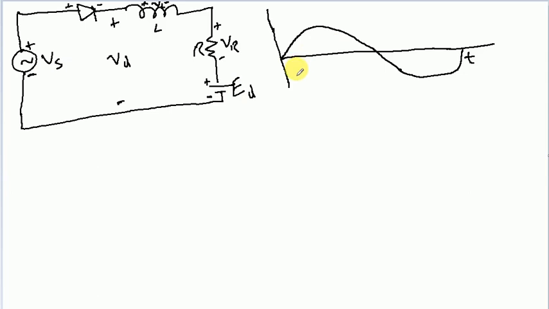So we can think of it as a practical circuit.